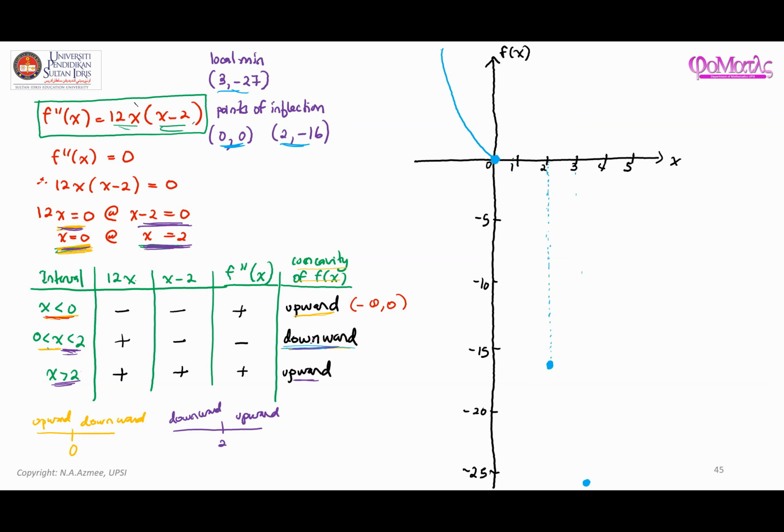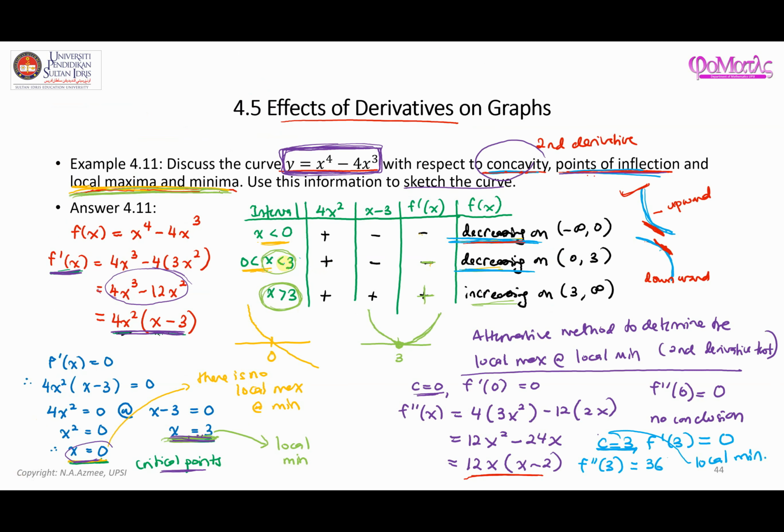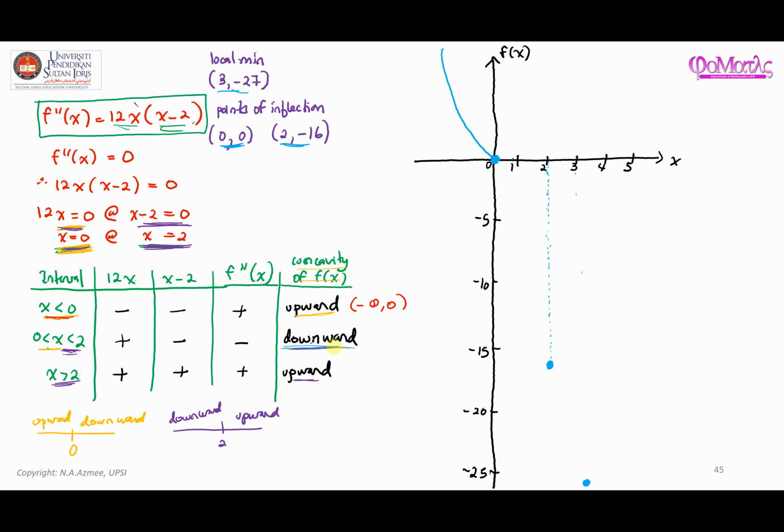So now this one is from 0 to 3, but we're going to consider it decreasing in the manner of concave downward until 2. So concave downward means it's going like this. Let me just erase the curve first.